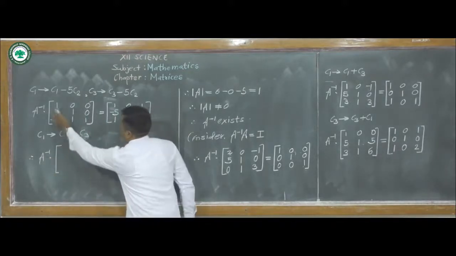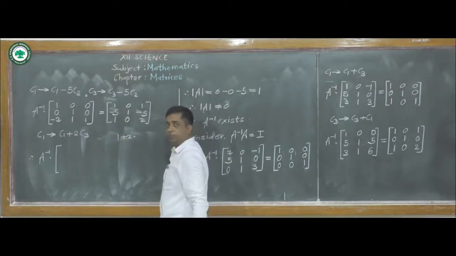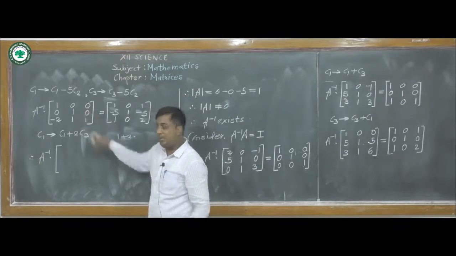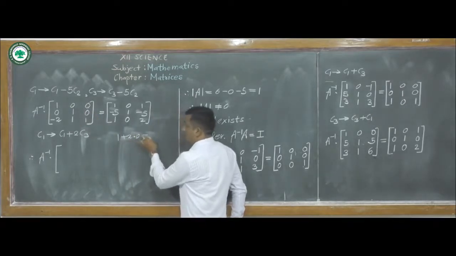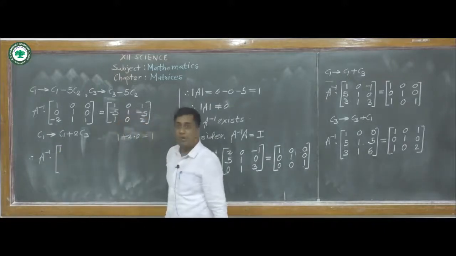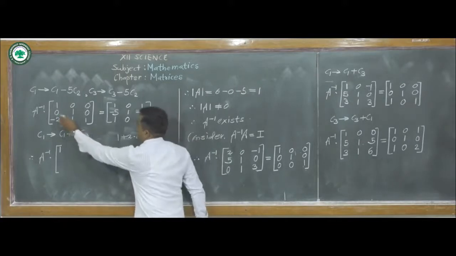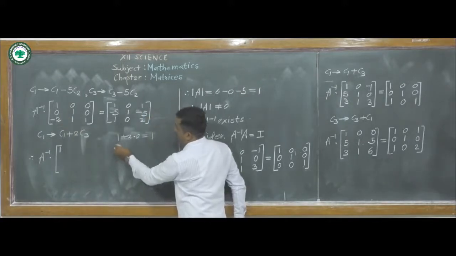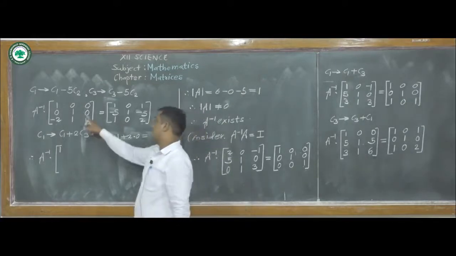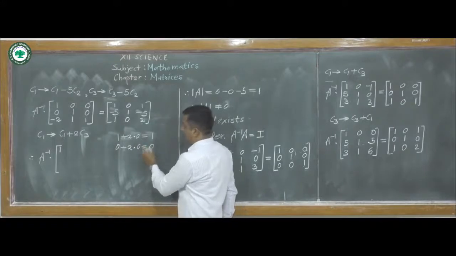Okay, so here the first element is 1 plus 2 times the first element from column 3, which is 0. This is equal to 1. So here in the position of 1, we have 1. Next, the second element from the first column is 0 plus 2 into the second element from column 3, which is 0, and this is equal to 0.